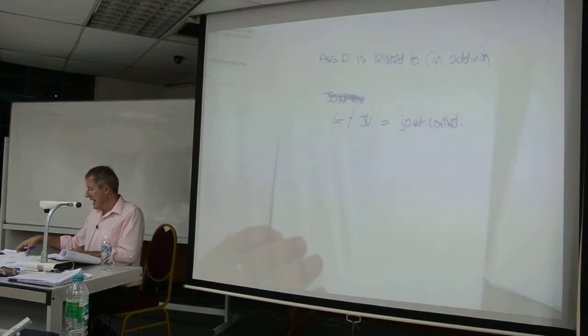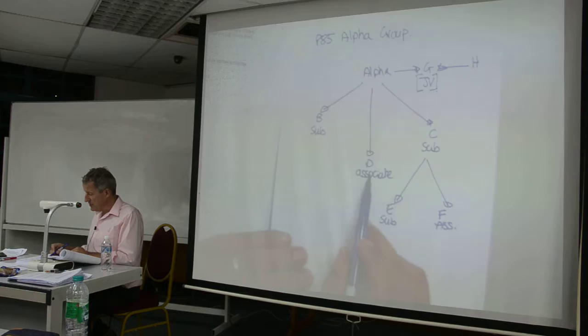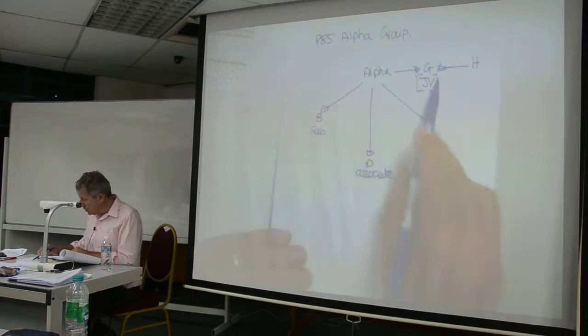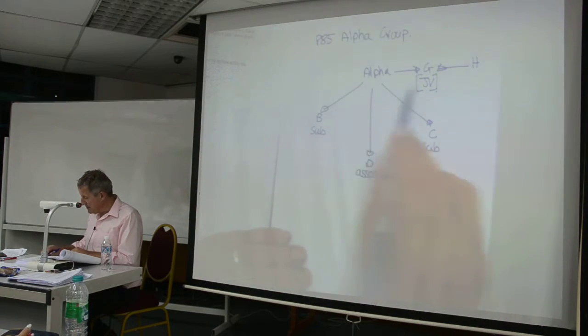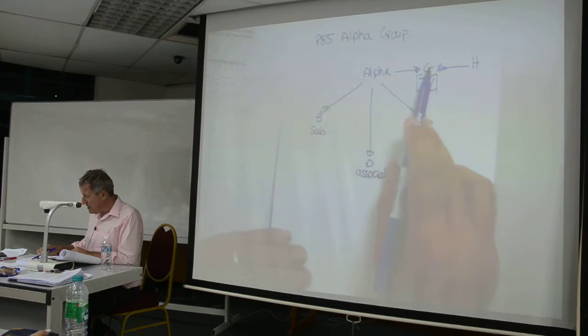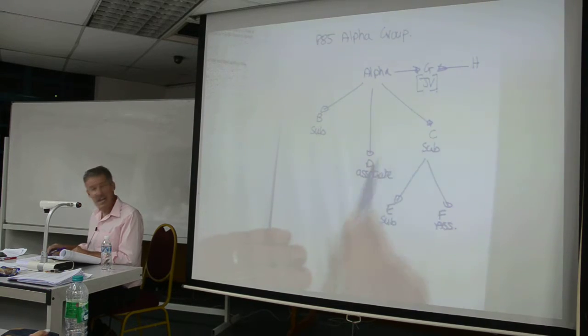Alpha controls G, so is able to tell G what to do. So if G is transacting with D, then you've got that relationship going.